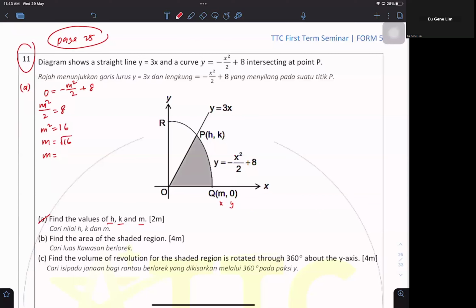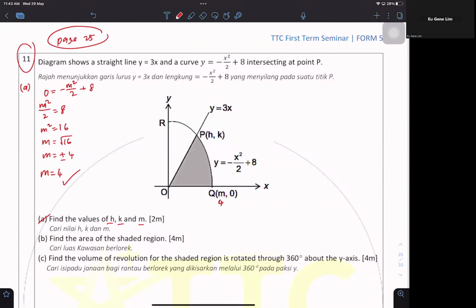Actually, it should be plus minus 4, but this one is obviously positive, right? It's on the right hand side. Obviously, this m is positive, so yeah, it's 4 lah. Okay, so you write here, the m is 4, okay?